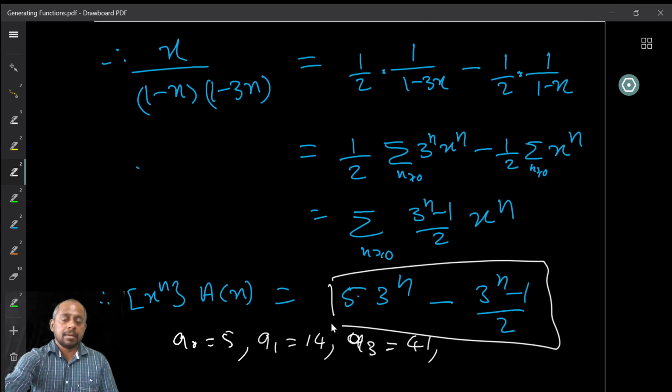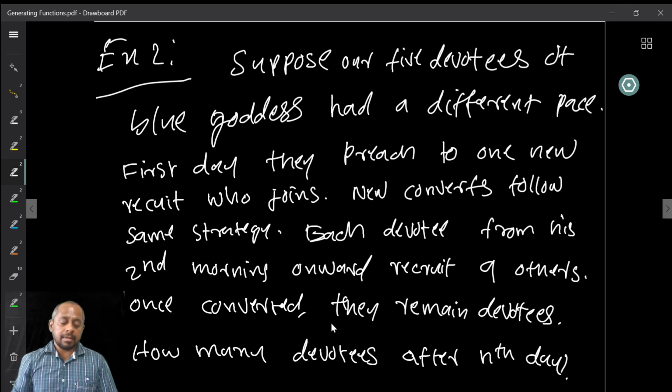Now let us look at a slightly different version. Suppose same question with a slight twist. Okay, so suppose our 5 devotees, right, of the blue goddess are there, but now they are following a different protocol.